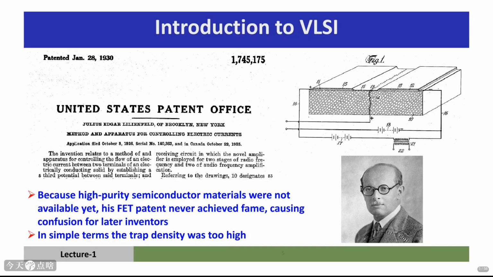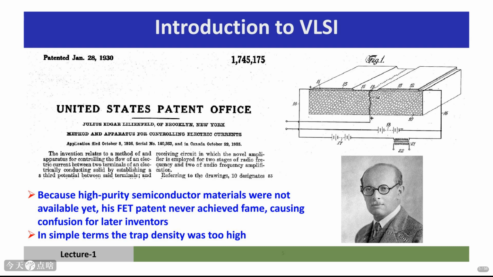Interestingly, the story of the FET isn't entirely linear. Before Atalla and Kong's work, Julius Edgar Lilienfeld patented a similar device back in 1930. His patent, number 1,745,175, described a field effect tube using a solid conducting material. However, his invention didn't gain traction because high-purity semiconductor materials weren't available yet.